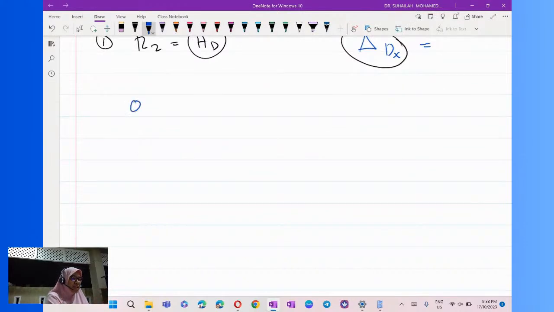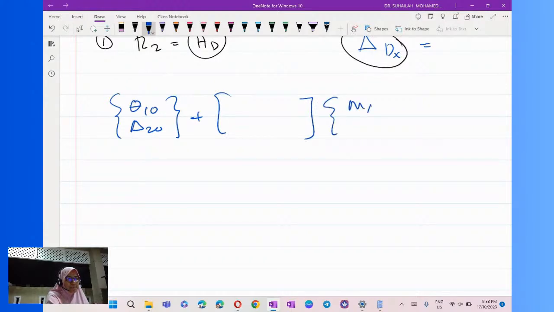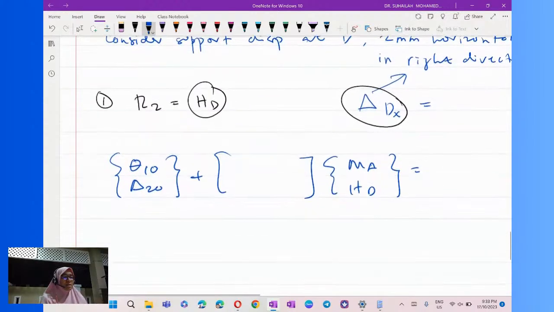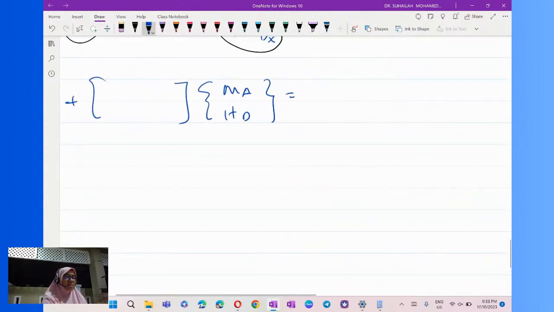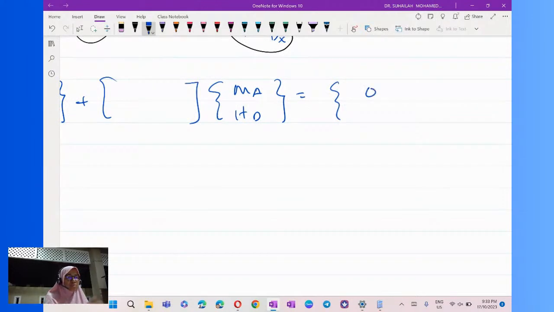Okay, when we have theta 1 naught and delta 2 naught plus M, A and HD, okay, this will equal to 0.005.